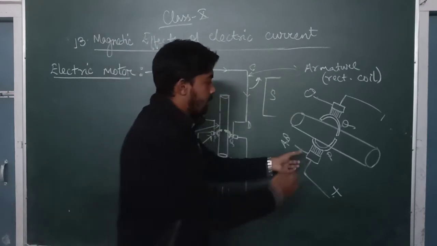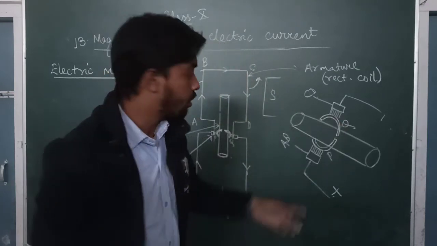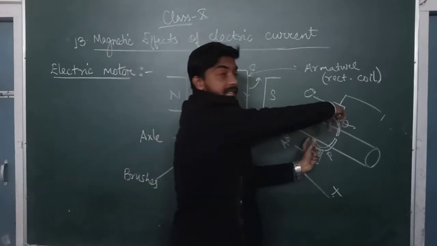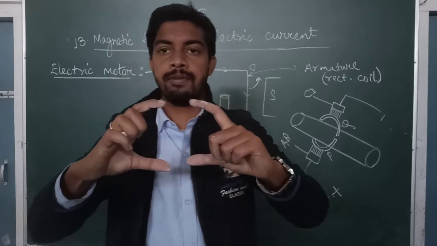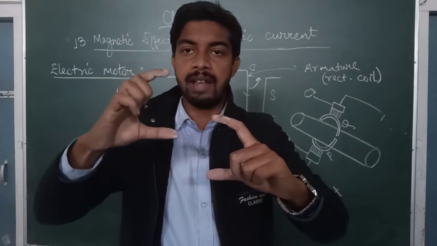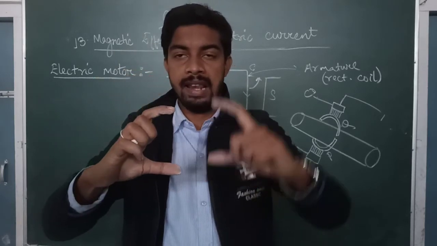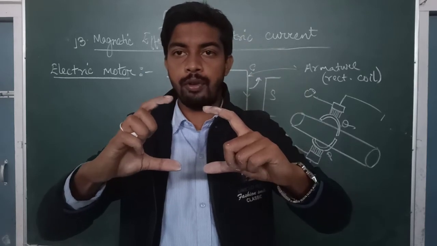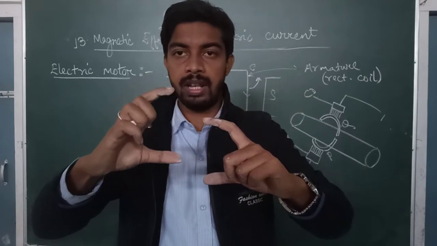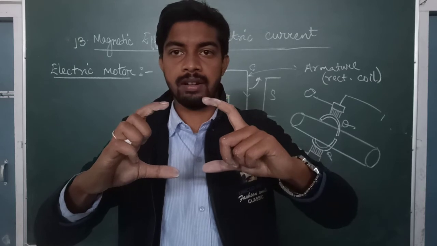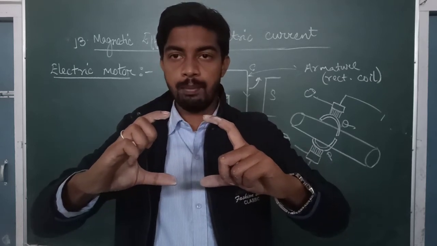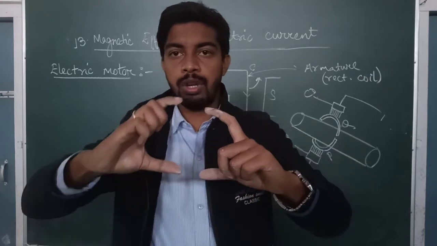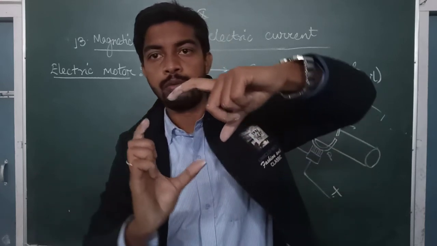Now what happens when the split rings are holding the axle? They are holding the axle like this. Just imagine my right arm is AB and my left arm is CD. From AB, from this clip, electricity is coming, and from CD, electricity is going to the negative terminal. So when the armature moves, the split rings will also move like this.